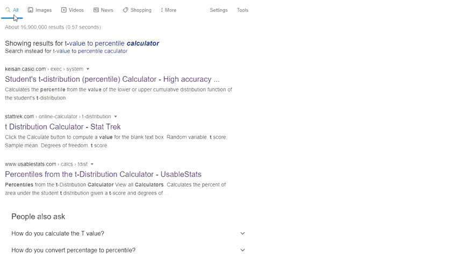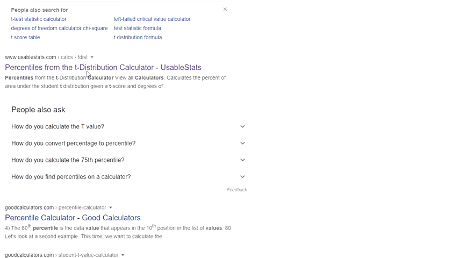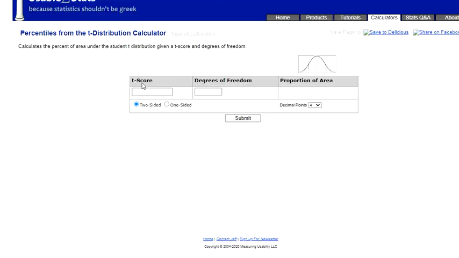Let me see if I can find a two-sided one, like the one we just used for z. Usable statistics. Oh, this one says two-sided. So if your t-score is 2.20, your degrees of freedom is 22, let's say, it's got two-sided, so that third one I see on the list gives you the area in the tails. So this would be like a 96% confidence interval.